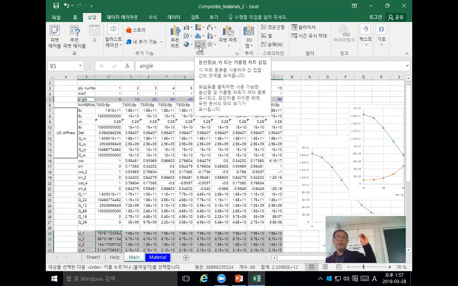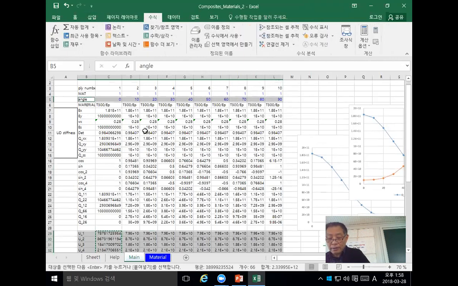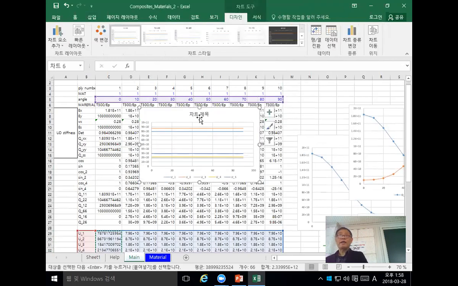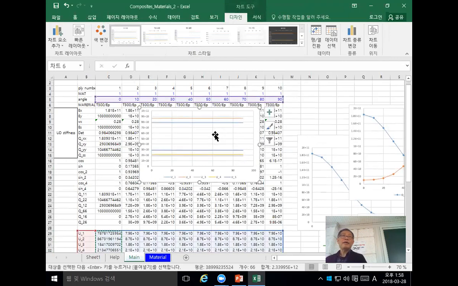U terms, U1 to U5. What do these terms mean? If we plot them, very important observation: they do not change along the angle.